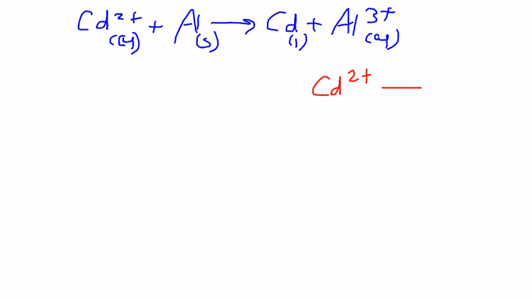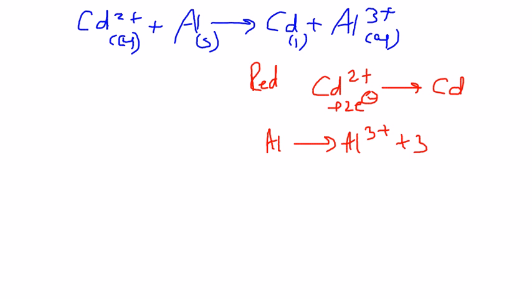Cadmium 2+ is becoming cadmium, and that has to happen via gain of electrons, so this must be your reduction reaction. Aluminum is becoming Al3+, so it must lose electrons. That must be your oxidation reaction. For cadmium, on my table, I have a value of negative 0.41 volts. For aluminum, I have a value of negative 0.166 volts.